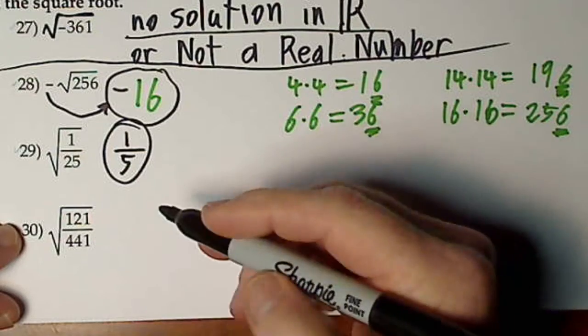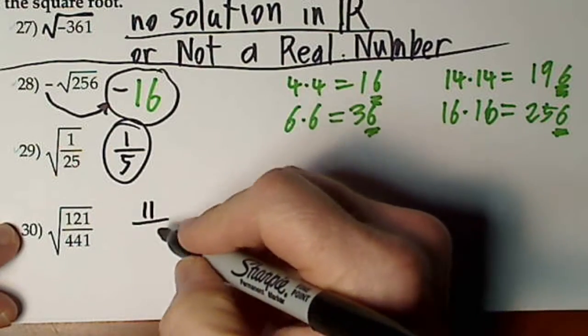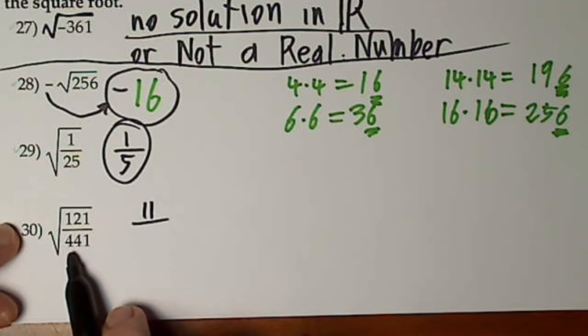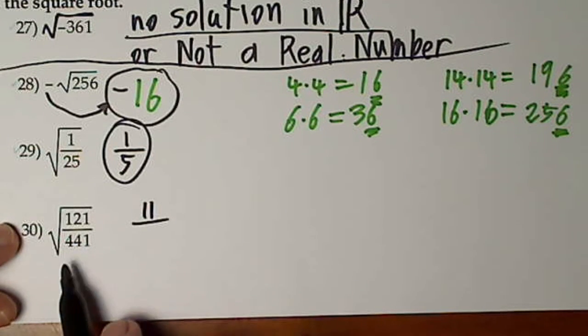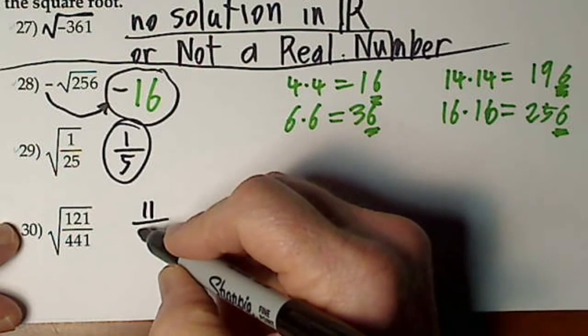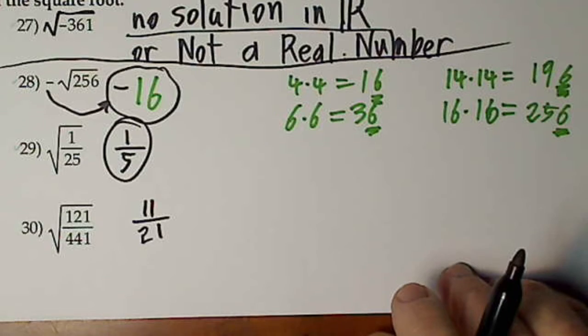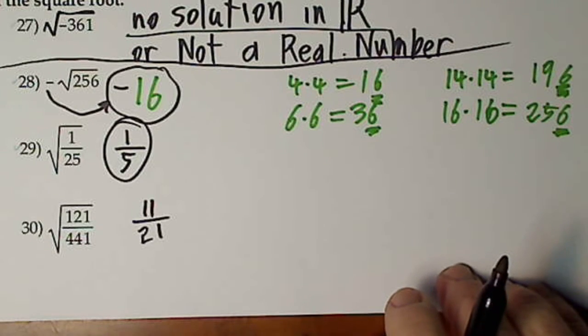The square root of 121 is 11, and the square root of 441 is going to have to be over 20, right? Because 20 times 20 would be 400. It's actually 21 times 21. So that takes care of number 30.